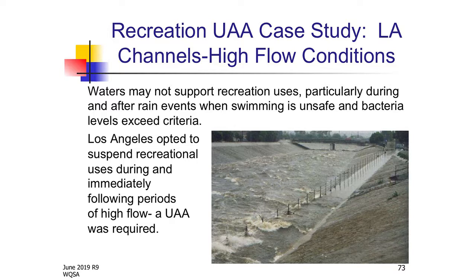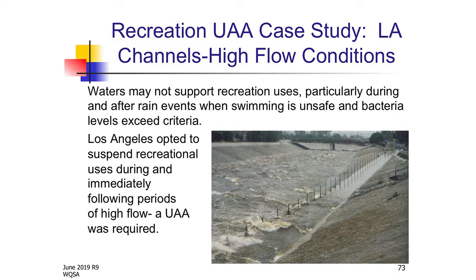And so there are times when the water levels rise rapidly, making it very dangerous for any recreators, and often needing swift water rescues. And it happens that the level of bacteria in the channelized waters during these times exceeds criteria just during and just following these rain events.